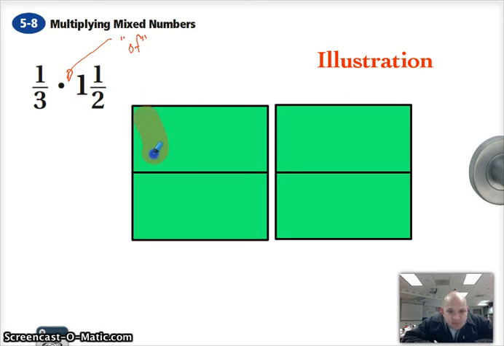So I'm going to use this highlighter, and I'm not doing a very good job, but there's one. I'm going to use this one whole here, and then we're going to use half of this whole here to get our 1 1/2.